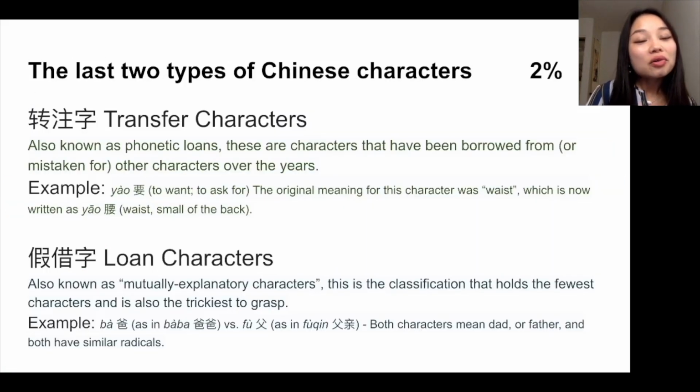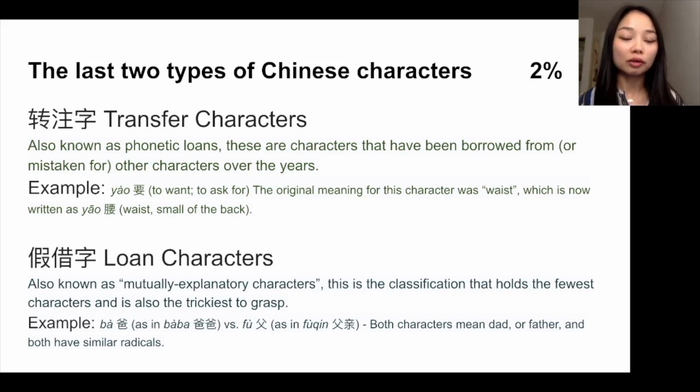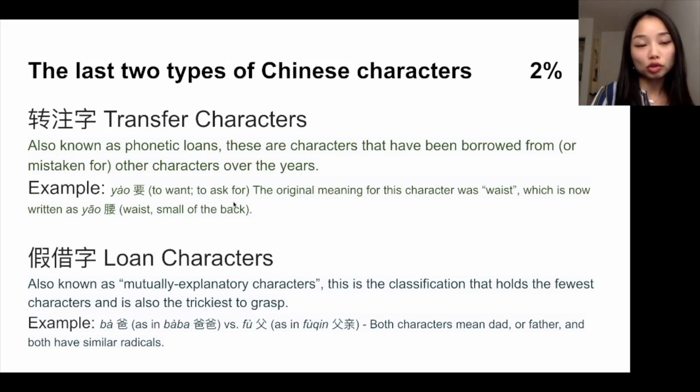Okay, so here are the last two types of Chinese characters. We have transfer characters. Basically, the meaning of the original character is transferred to a different character. We also have the loan characters. For example, both characters mean dad and father.